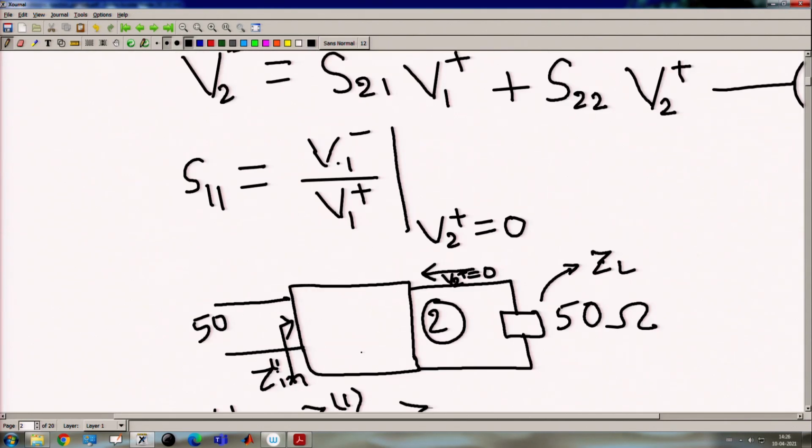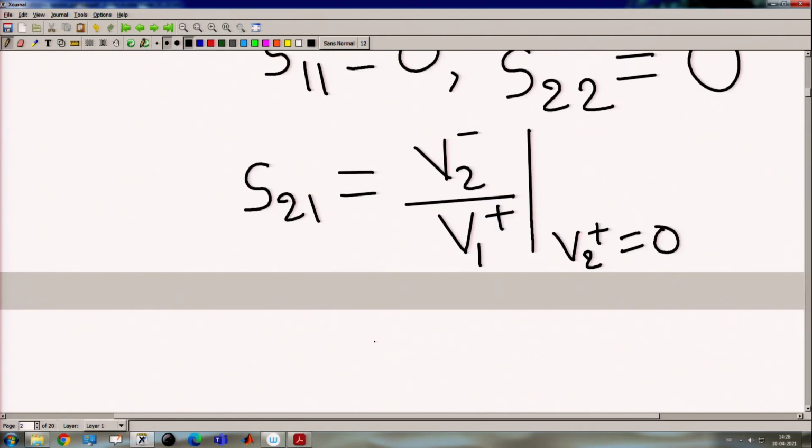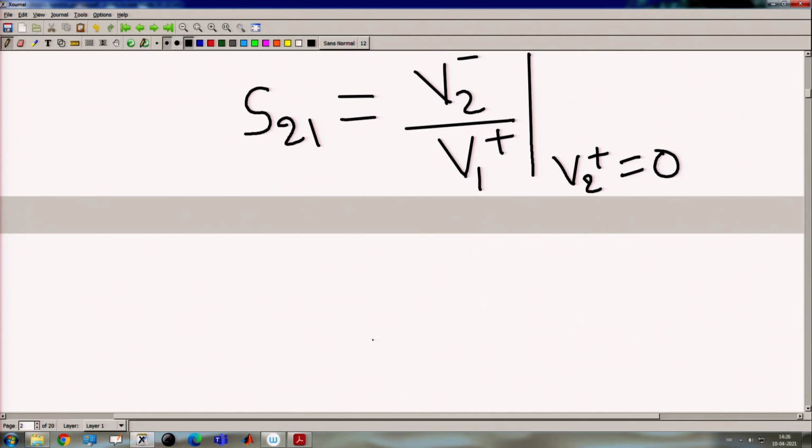So, now we have to find out V2 minus. We can write it in terms of V1 plus, because it is already matched.